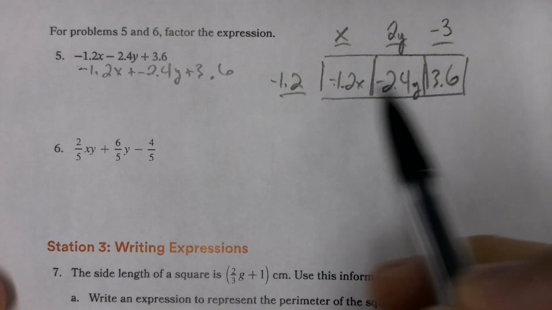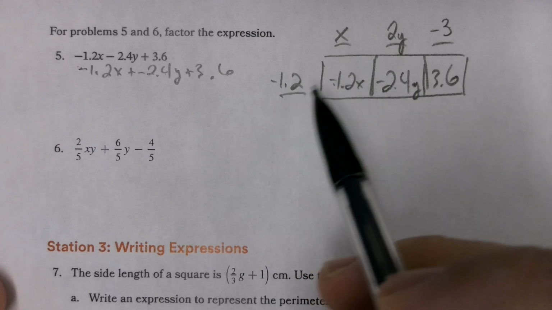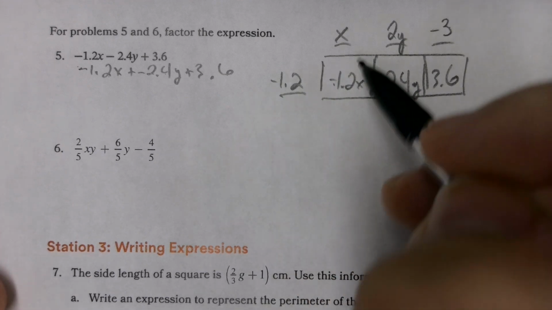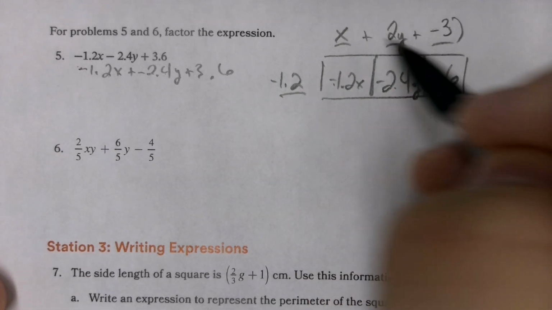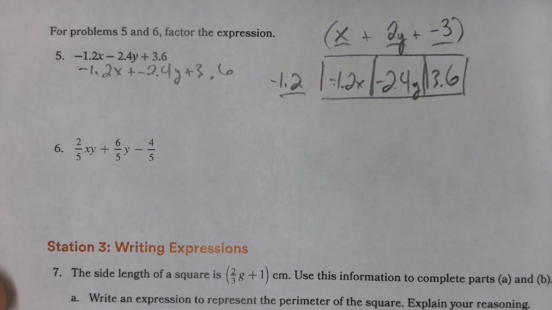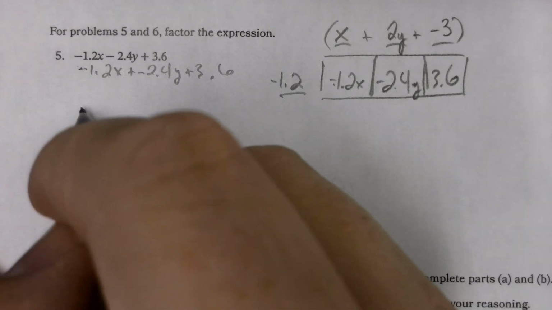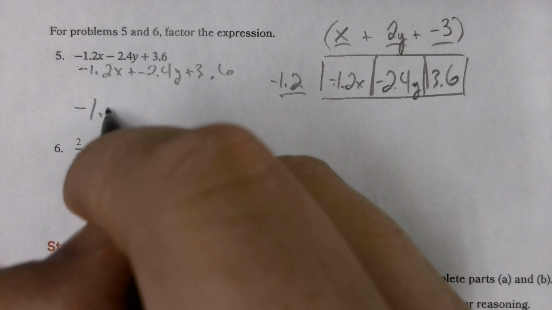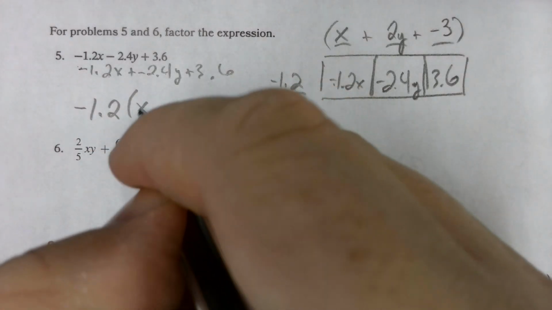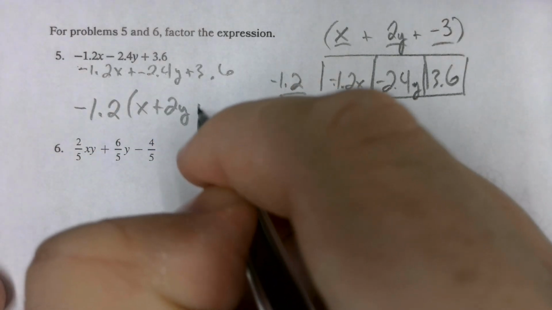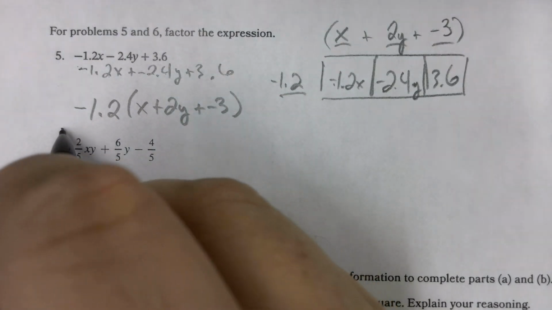So figure out what they share in common, pull it out, and divide each of these by this number. Then we put parentheses around these, and this is my multiplier, my distributor. So negative 1.2 times x plus 2y plus negative 3.